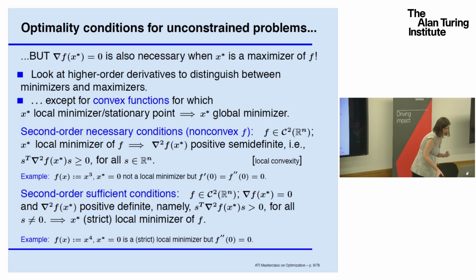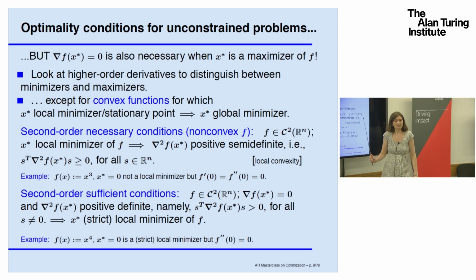Indeed, I would need to look at second derivatives, apart from the case when the function itself is globally convex. If I have a function that doesn't oscillate and has this shape, then any stationary point will be a global minimizer, and I don't have the distinction between local and global and stationarity.